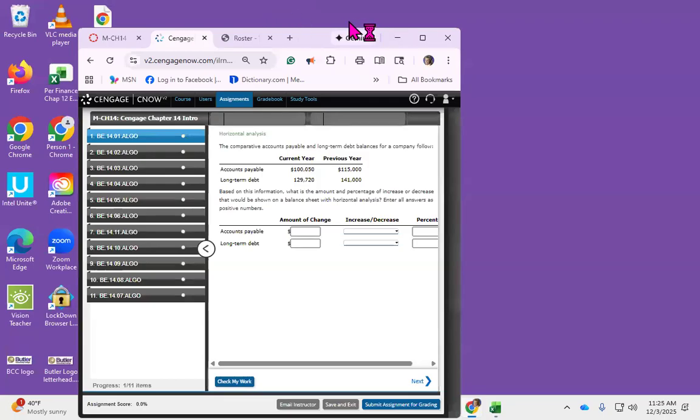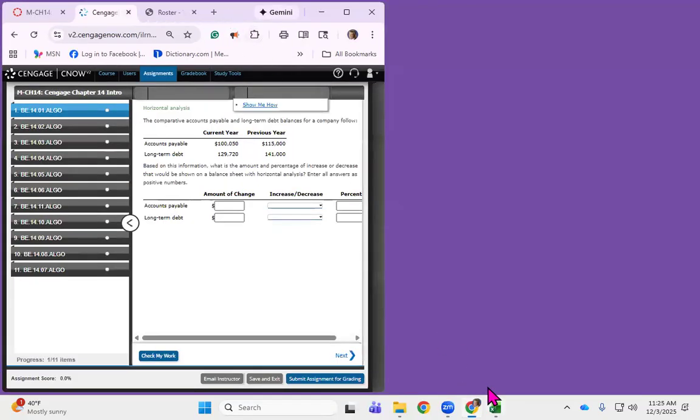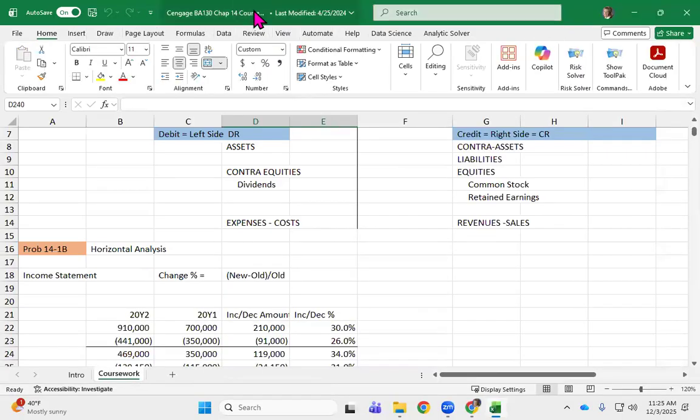Now that we have made our way through the accounting cycle, remember the accounting cycle is 10 steps. You would think the last steps would be the financial statements. That's not true. The financial statements are actually the 8th step of that cycle.